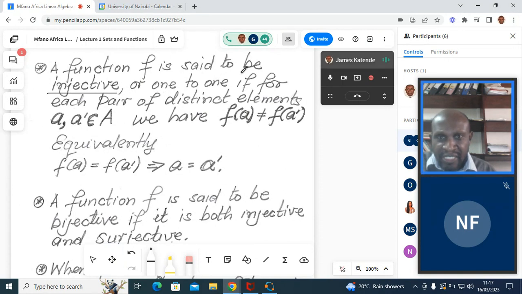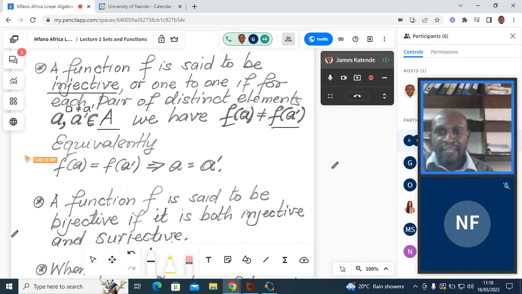So a function is said to be injective, or one-to-one, if for any pair of distinct elements you pick from the domain, that is, if a is not equal to a prime, then their images will also not be equal. That is what we mean by a one-to-one or an injective function.